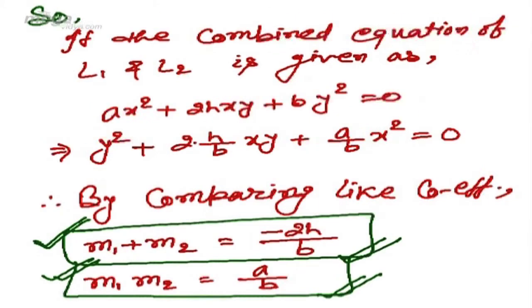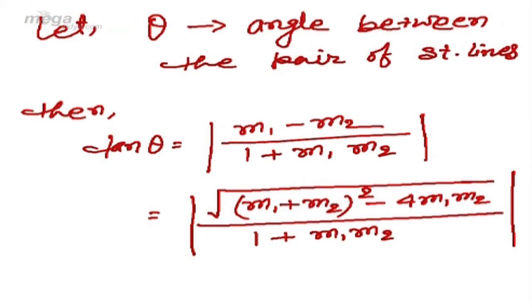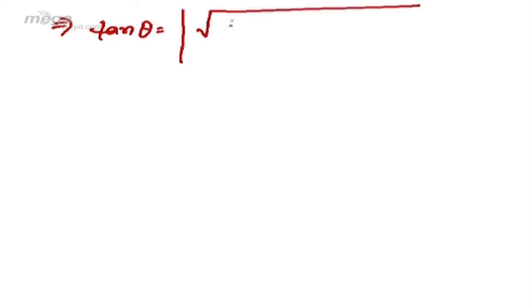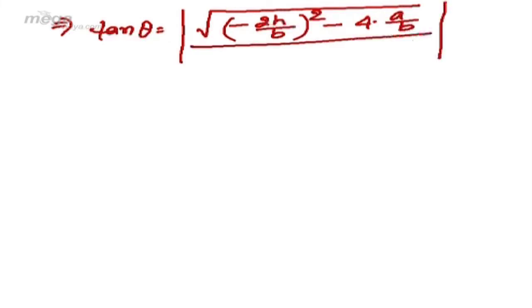You have m1 plus m2 and m1 into m2, and you can substitute both of them. So now here we'll substitute m1 plus m2, which is minus 2h upon b, whole square, minus 4 m1 m2, which is a upon b, divided by 1 plus m1 m2, so 1 plus a upon b. Now we will simplify.